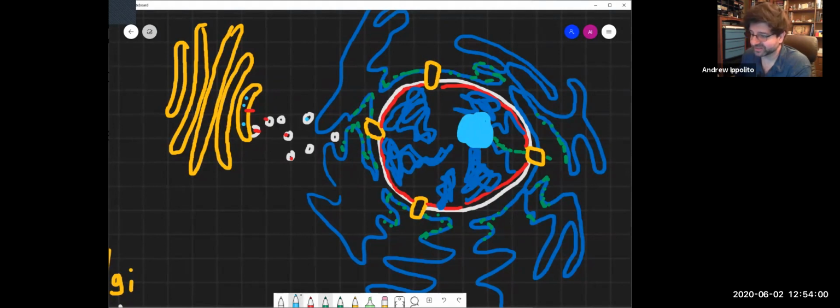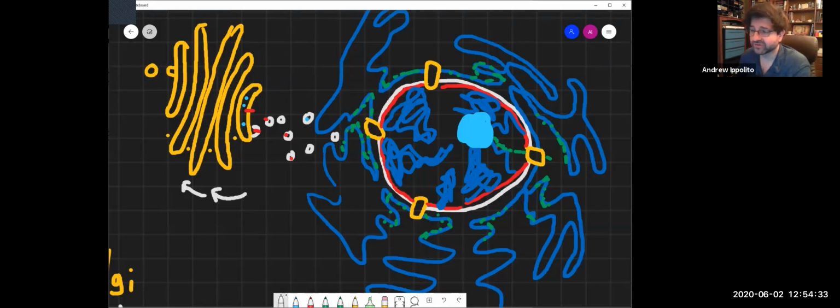And then what happens is each one of these saccules will bud their own vesicles off and go to the next one, such that eventually they will blossom out the other end. Okay, so there's this constant traffic of proteins going from the ER through the Golgi saccules until they emerge from the outer face.